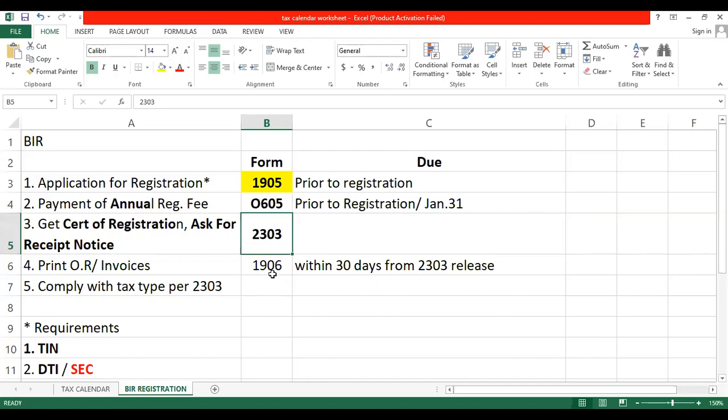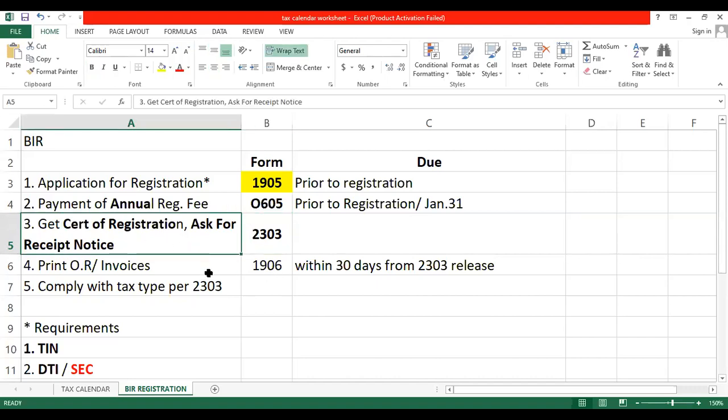No? So here's BIR form 2303. Okay. So that's the certificate of registration. So you would find there the name and the address of the taxpayer and also the tax types or the tax that the taxpayer has to comply. And this must be displayed. Also, there's what we call as the ask for receipt notice.